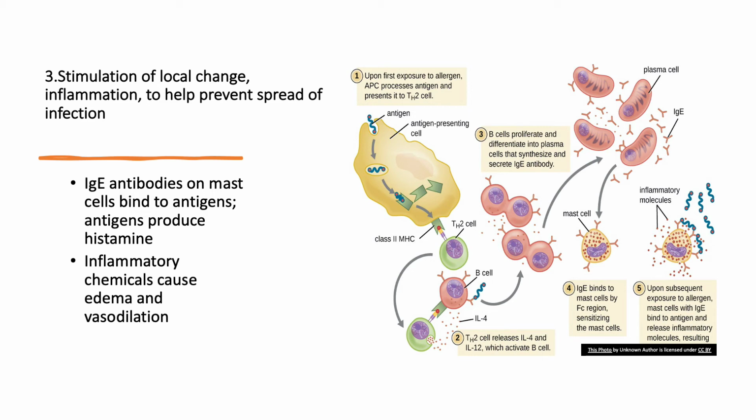When antigens combine with the antibodies, the resulting antigen-antibody complexes stimulate the mast cells to release biochemicals such as histamine that cause the changes associated with inflammation, such as vasodilation and edema.